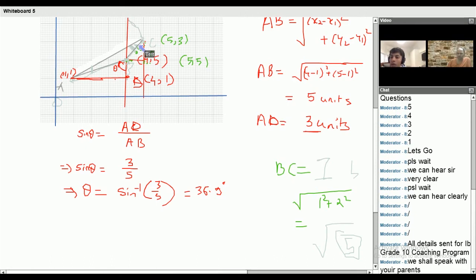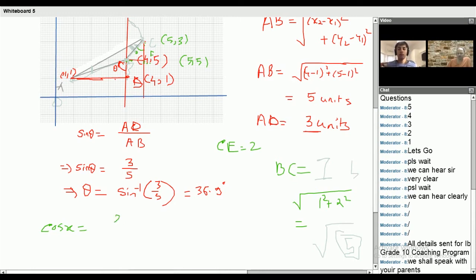Okay. So now, let's focus on this question. CE, if you want the distance between CE, here E is 5, 5. So CE is going to be 2 units. So let's use cos theta or cos x now.